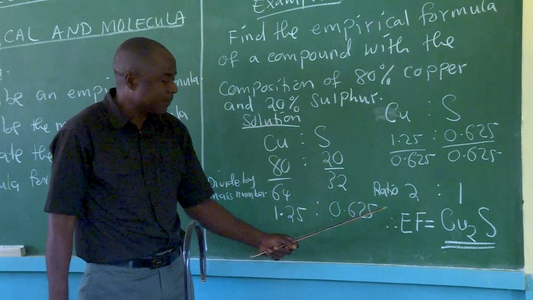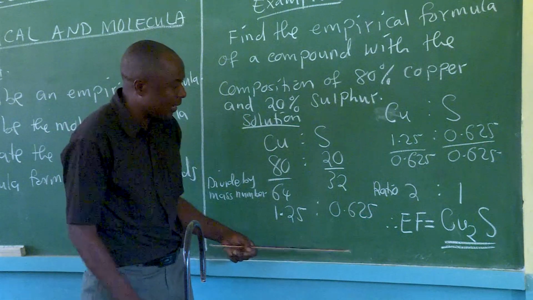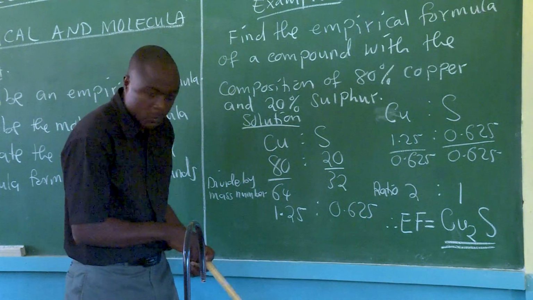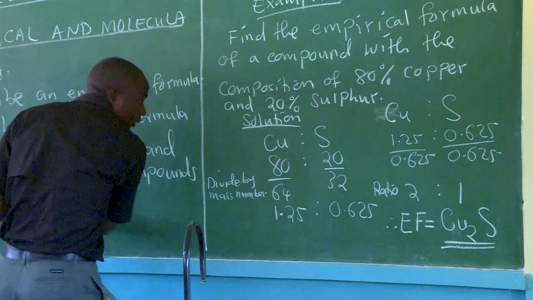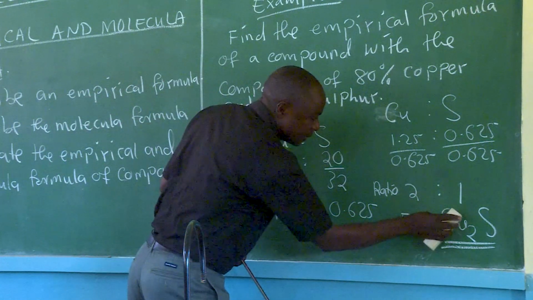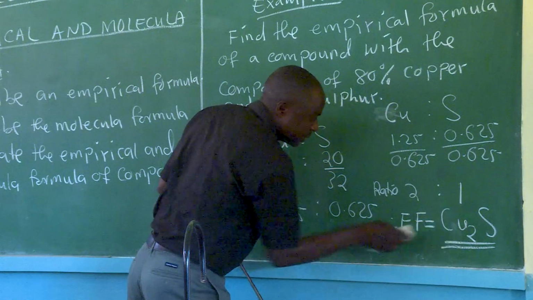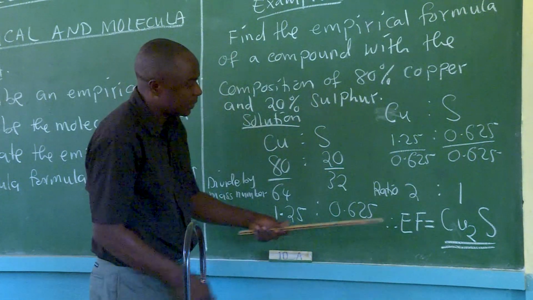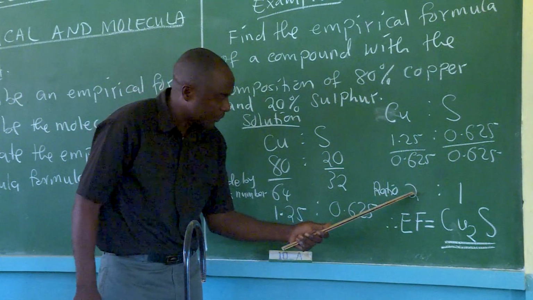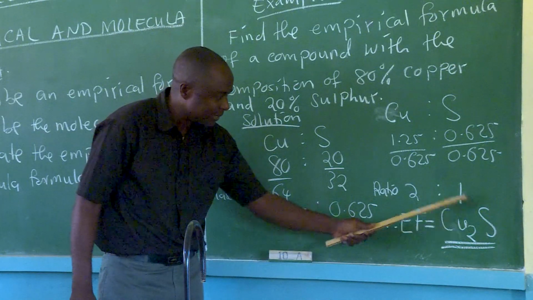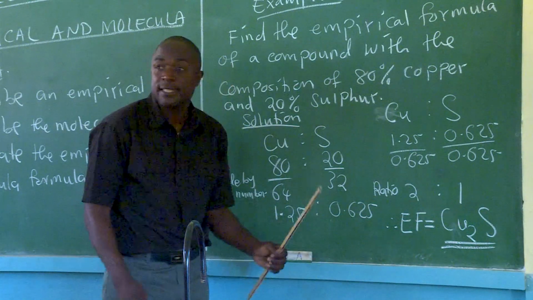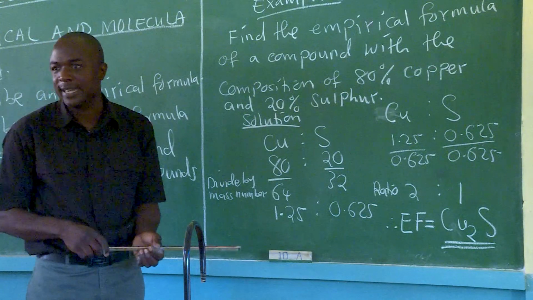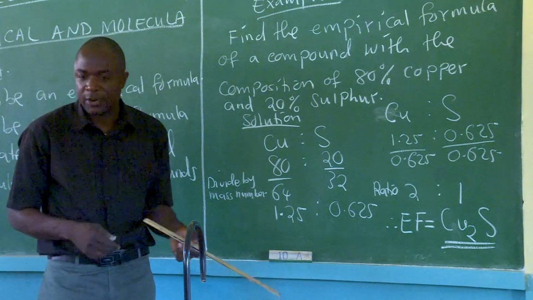It simply means in this compound we have got 2 copper. We write copper, then put the 2 we found here, then S, just 1. That is our final answer. Is it clear? Yes. Okay.